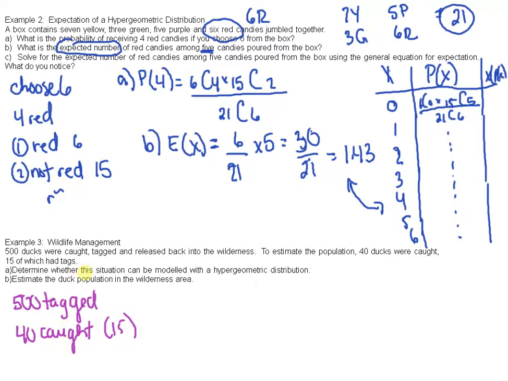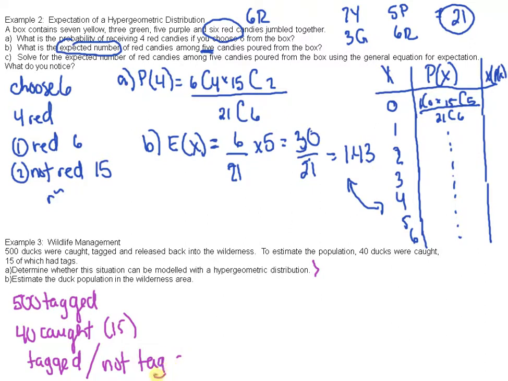So determine whether this situation can be modeled with a hypergeometric distribution. So let's talk about this first. Okay, there are going to be 2 groups here. There are going to be tagged and not tagged.